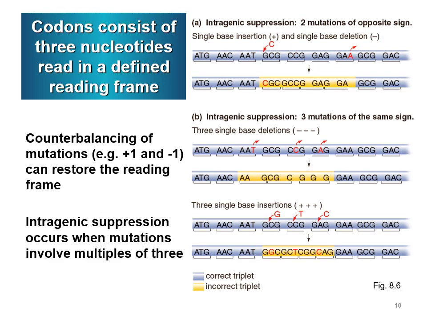Now let's look at that schematically. In the first line, we have an example with one insertion of C and one deletion of A. As a result, we are getting a shift of the sequence. Instead of GCG, we end up having CGC.